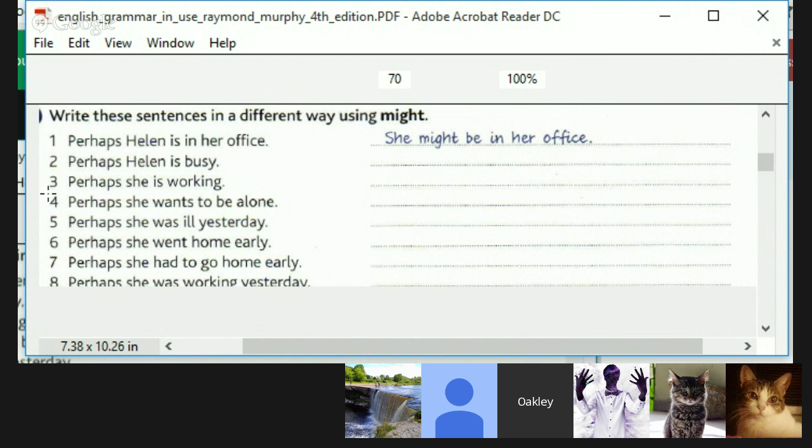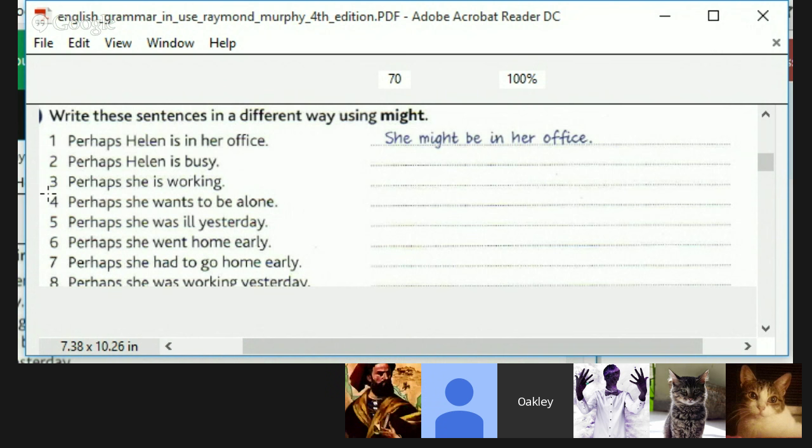Okay, perhaps she might be wanting to be alone? How wrong is that? Well, you can't. It sounds strange to say "be wanting to be alone." "I am wanting to be alone." We can't really use that structure.